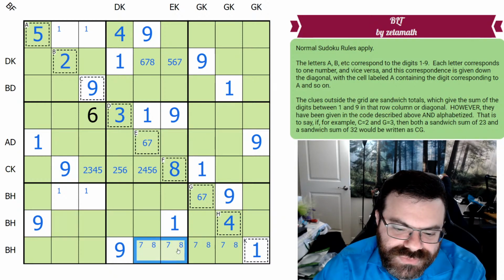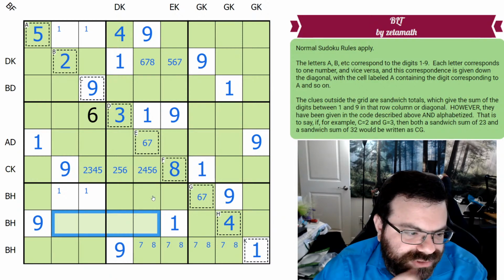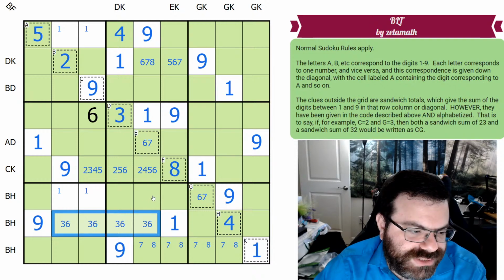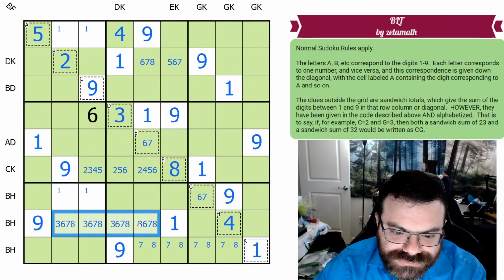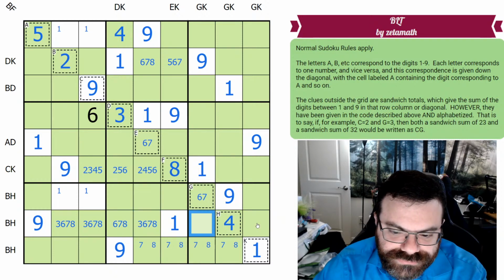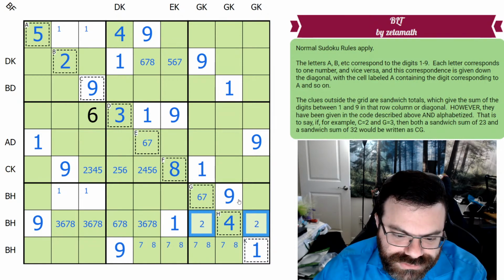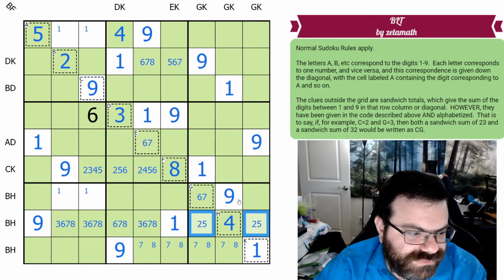And the only way to add to 24 without a 4 is 3, 6, 7, 8. It's not 3. So these are 2 and 5.